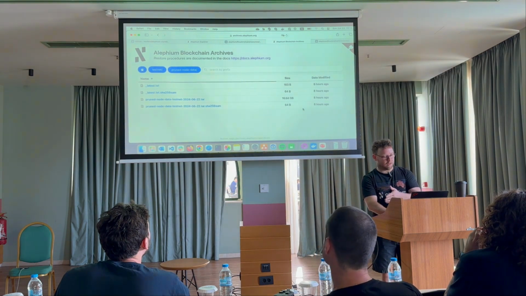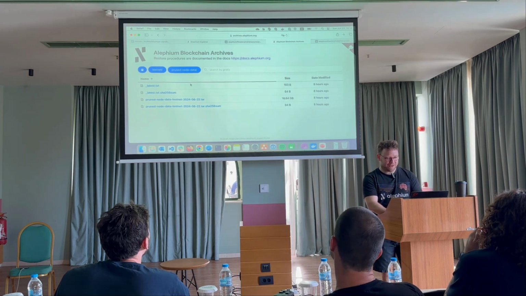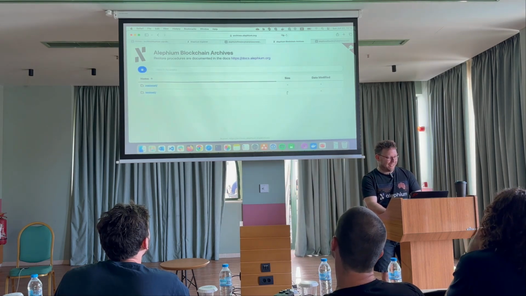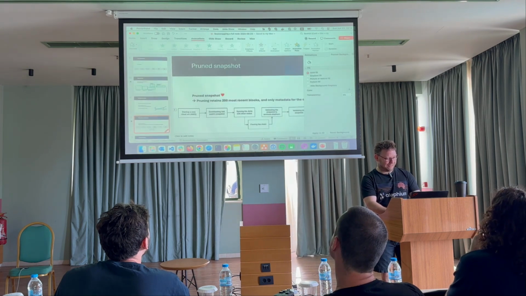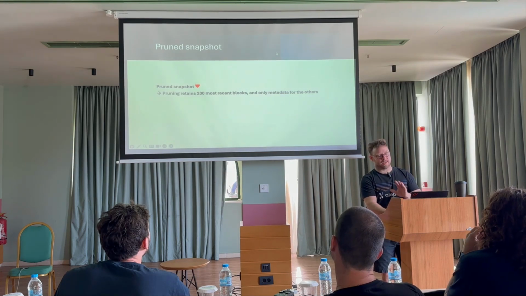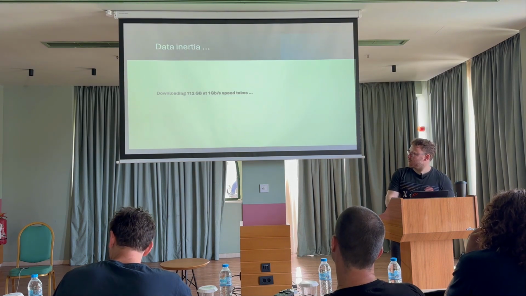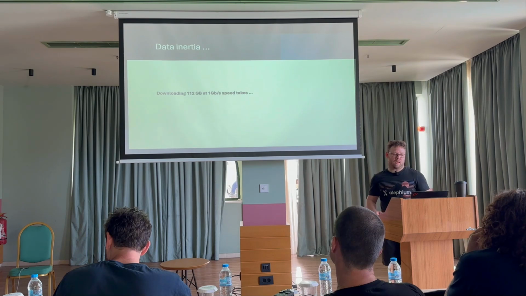There's one from yesterday evening. I can't cheat on the time, so you can see when I worked. That's the prune snapshots, smaller data, lighter. We try to keep it as small as possible.